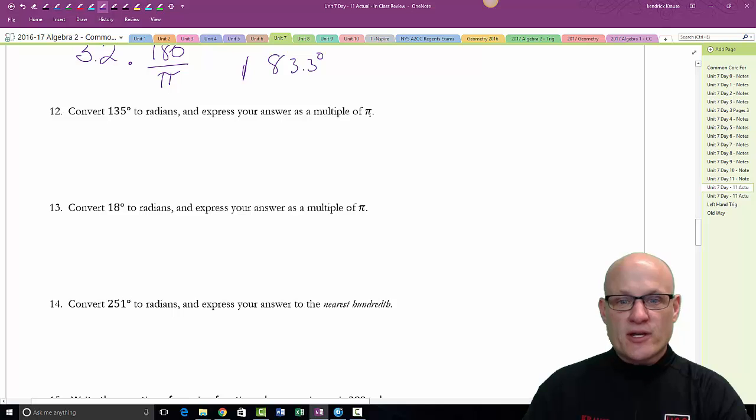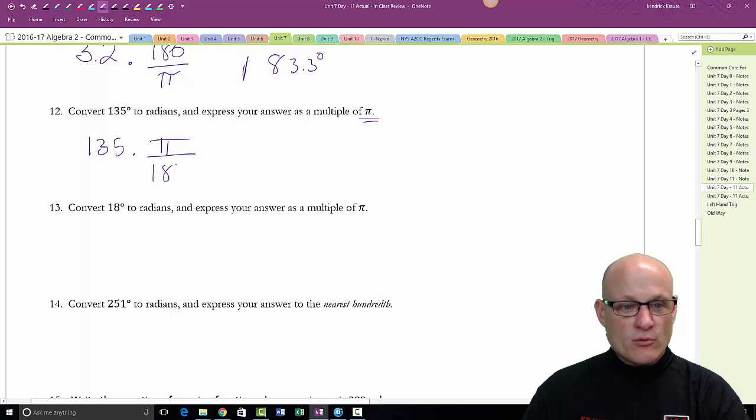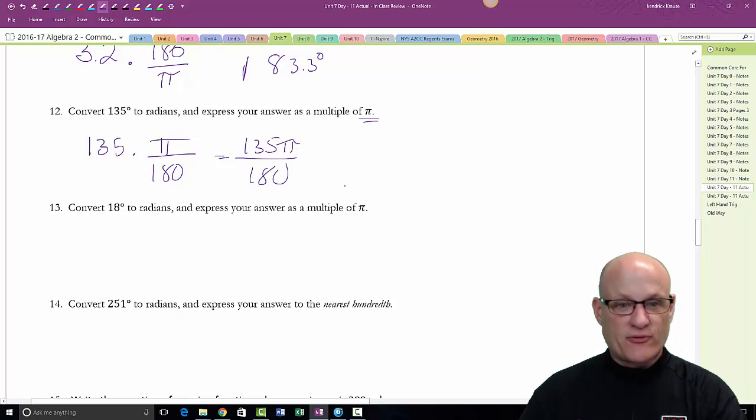We want it as the simplest, as a multiple of pi, which means I don't want a decimal answer. So instead of multiplying by 180 over pi, we're going to multiply by pi over 180. Well, this is just 135 pi over 180, except I want it in simplest form.